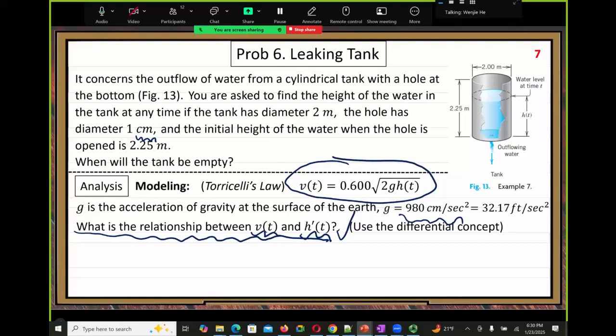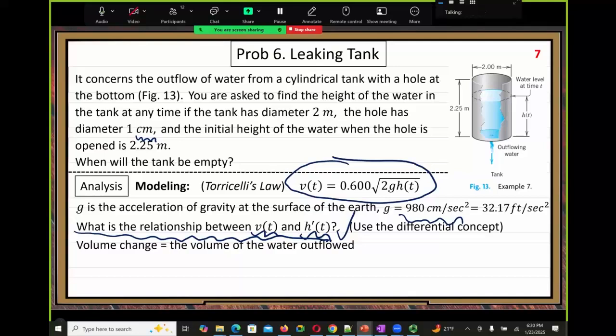We need to use an appropriate representation, so let me show you. Let's look at the volume of the water inside the tank. The volume changes.